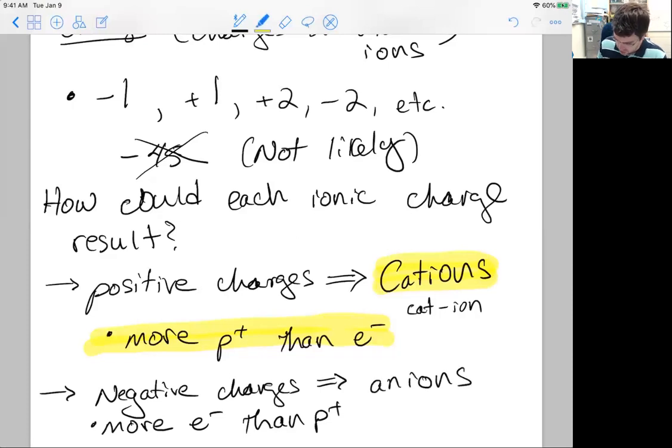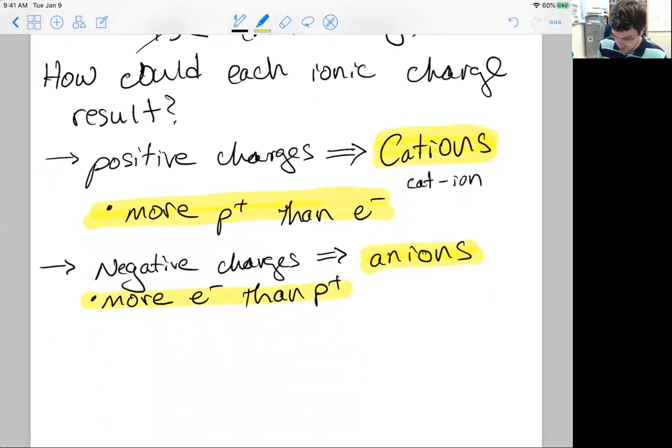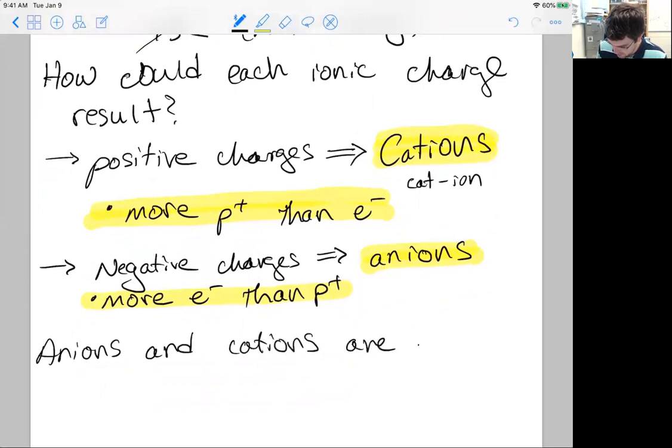So whenever there's a shift in the balance of protons and electrons such that there are more electrons than protons, those are ions that are classified as anions. So anions and cations are really the two types of ions.